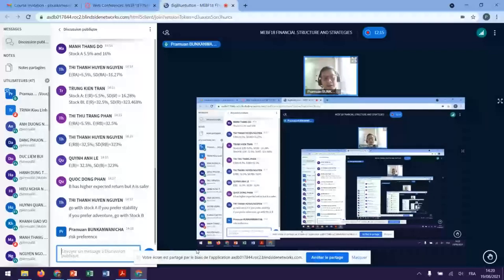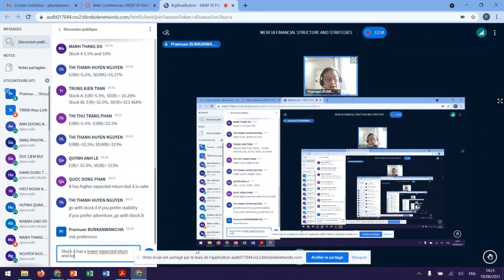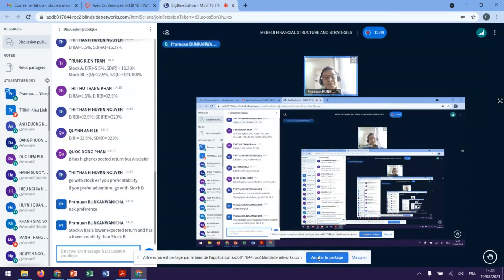Okay, for stock A and B, how you categorize is very simple. You can just say that stock A has a lower expected return and has a lower volatility than stock B. It is very simple, okay?